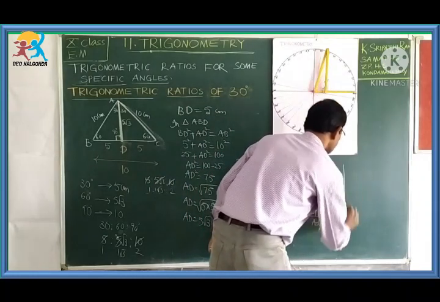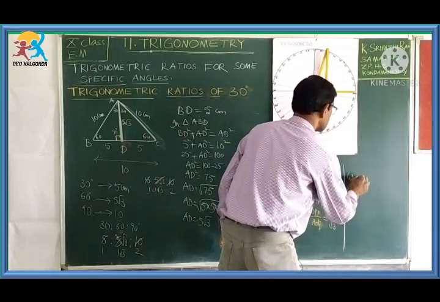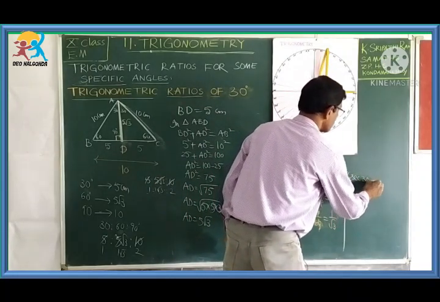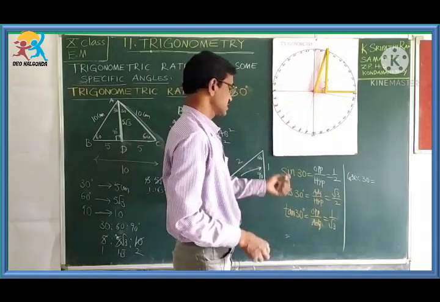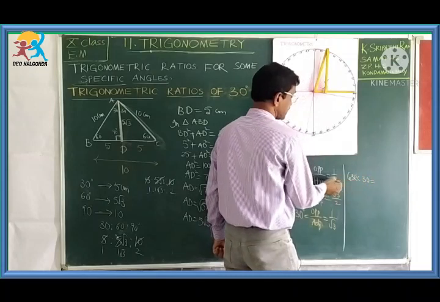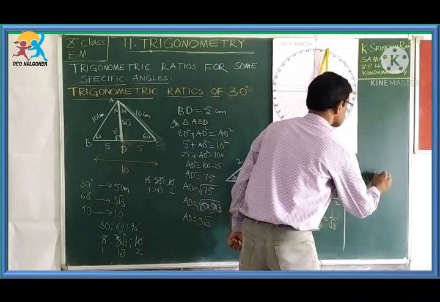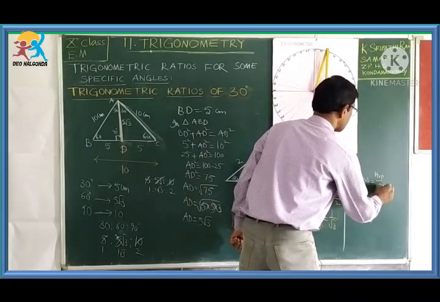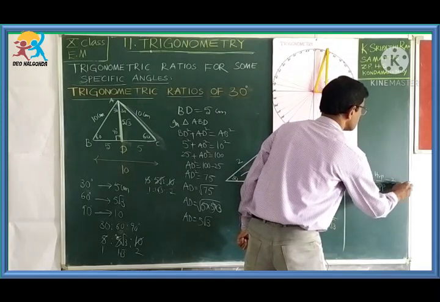Now we can write the other trigonometric ratios by taking reciprocals. Sin 30 reciprocal is cosec 30. So cosec 30 we take reverse, hypotenuse by opposite side, that is equal to 2 by 1, that is equal to 2.